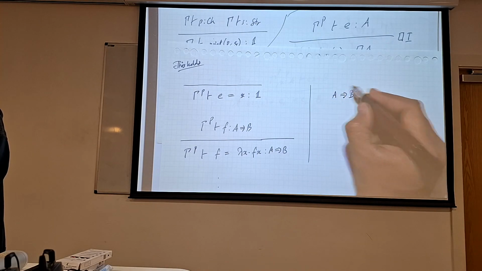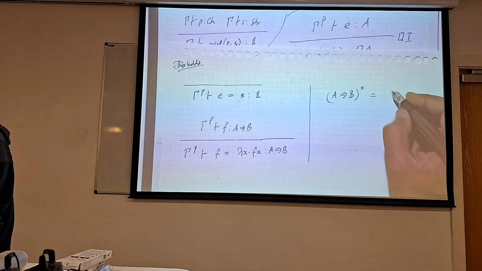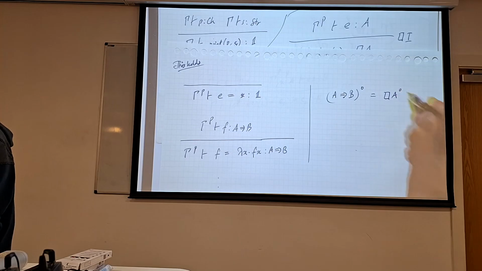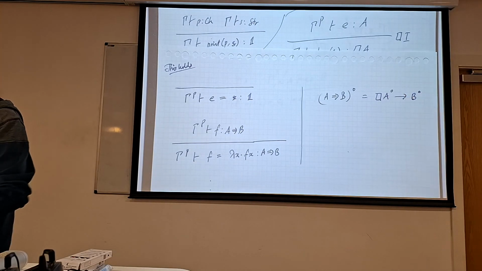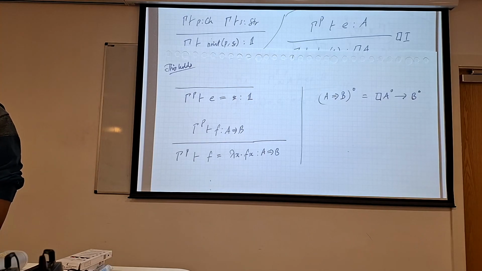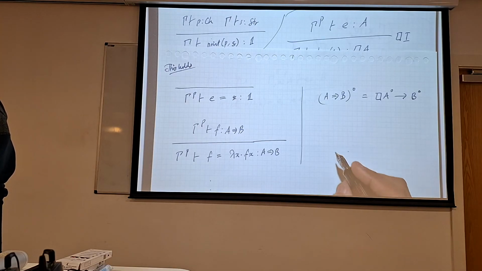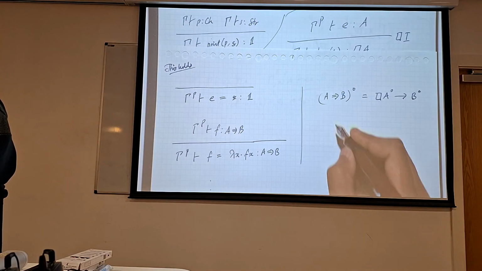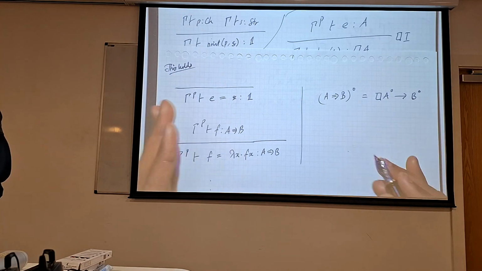So let's say the translation of the function type will be A to B, where this is my partial function type, and on terms you follow the same thing, and you follow what the typing rules say.